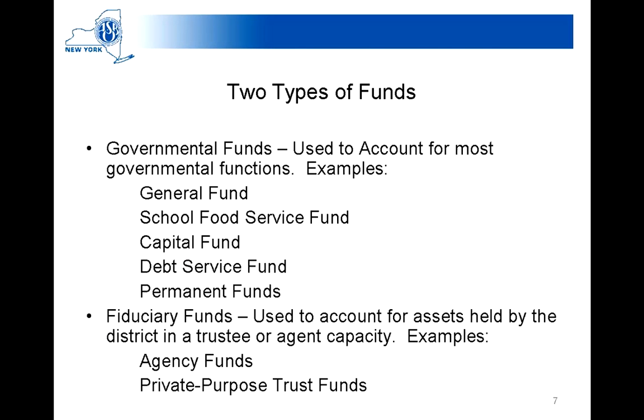The capital fund, interesting distinction here about the capital fund, its life starts when voters approve a capital project or it gets emergency approval by the Board of Ed, and it expires when the task is complete. Not necessarily June 30th of the fiscal year. The general fund has a life expectancy of 1 year, July 1st to June 30th. Same with the food service fund.